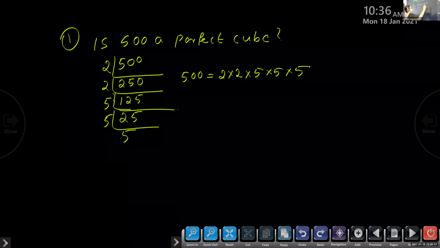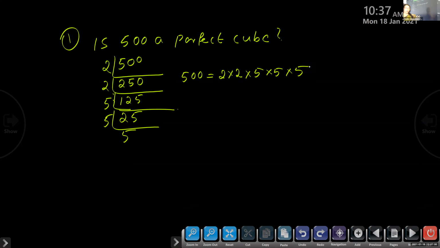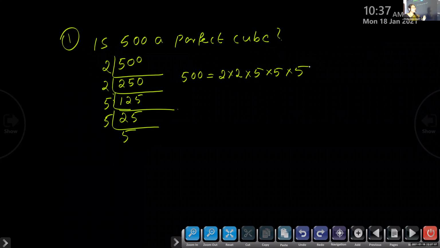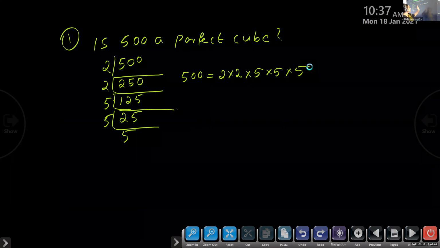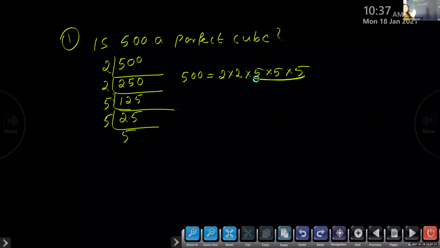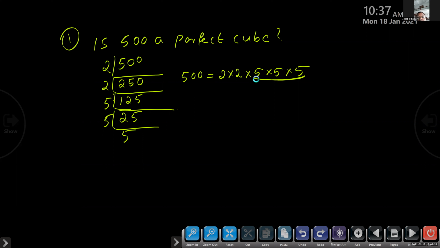Now we have to do one thing. Here the factors are 2 and 5. Now we will group these factors into groups of 3. We can group 5 into a group of 3. And can we make a group of 3 of this factor 2?